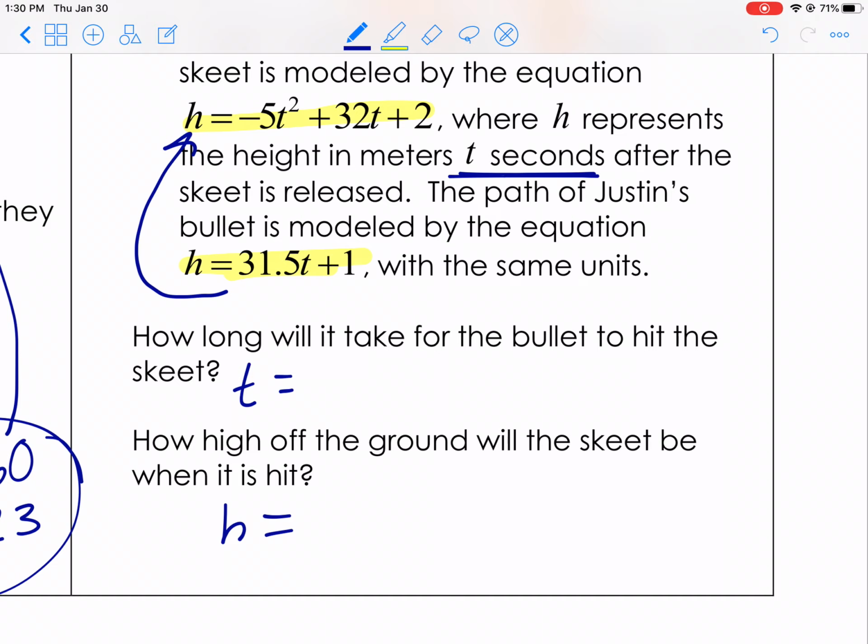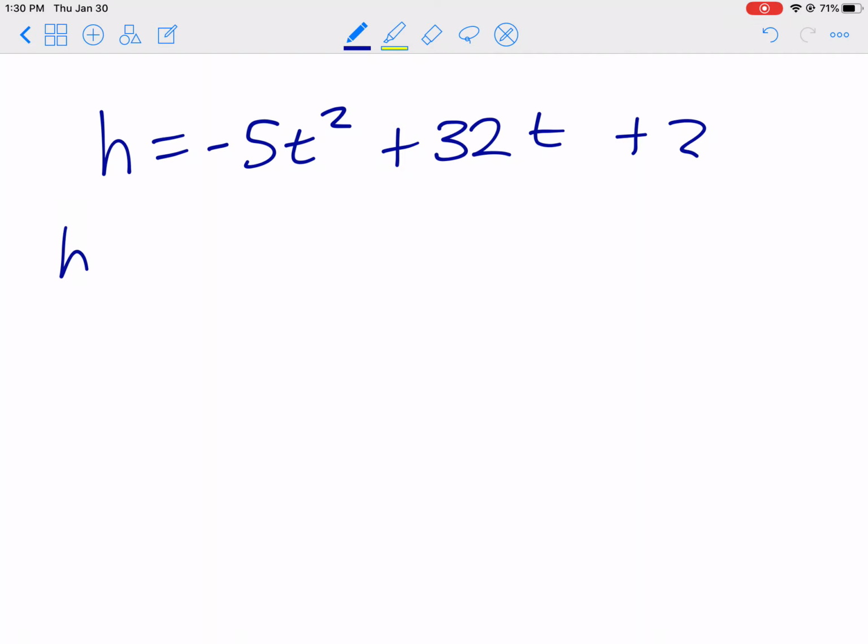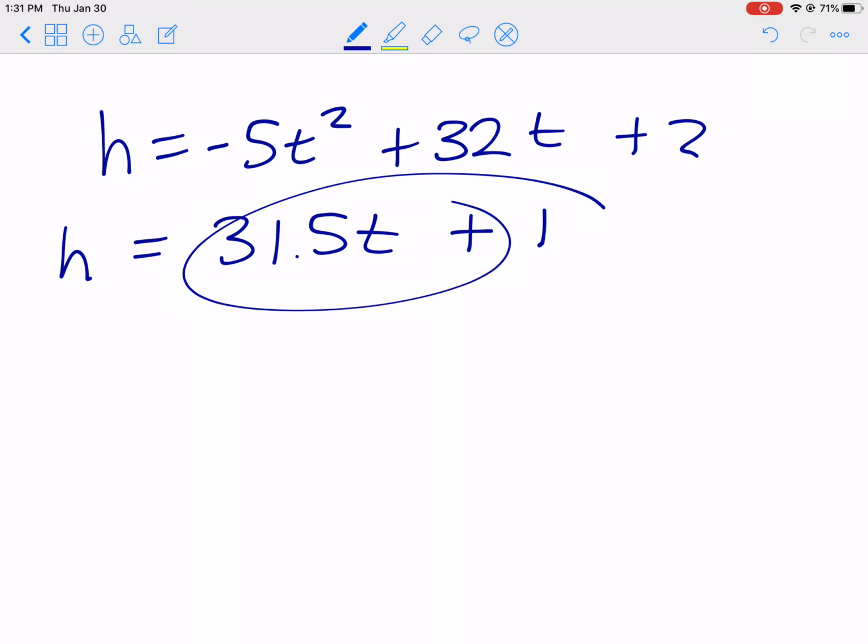Okay, sorry. h equals negative 5t squared plus 32t plus 2. h equals 31.5t plus 1. I'm going to add a page. All right, let's try substitution. So we'll plug that in right there.